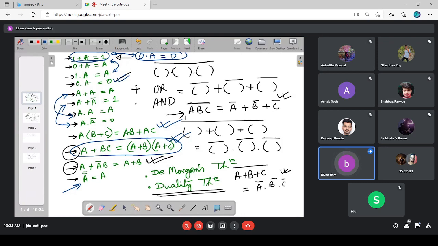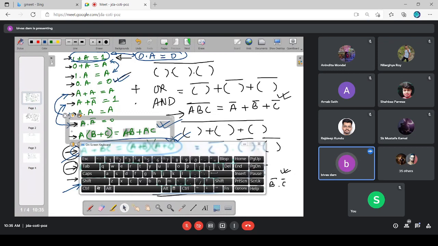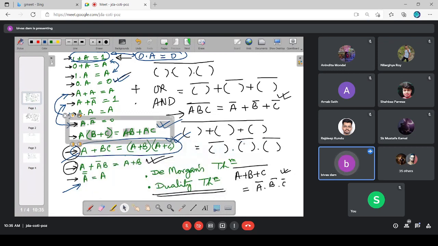But if I know that the second equation comes via the application of the duality theorem over the first equation, then that is accepted, and that is one valid proof that this is also a valid equation. So to prove this, it is not necessary to go from the right hand side to the left hand side. You can establish this.